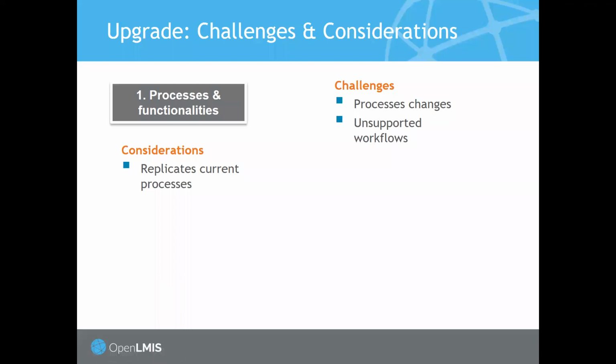But many times we find the situation that pre-made information systems such as OpenLMIS don't support a workflow that exists in the field, and sometimes we may require the health workers to change their process so the information system can fit. But what must be done is the other way around. The information systems must replicate the process.